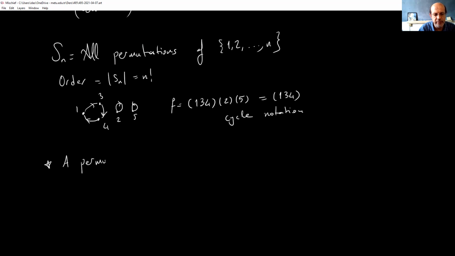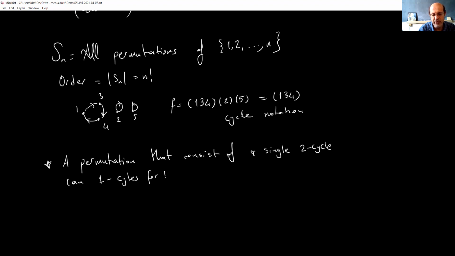Let's just remember this. In any case, a permutation that consists of a single 2 cycle and 1 cycles for the rest is called a transposition.